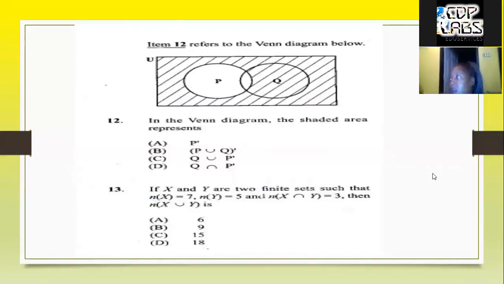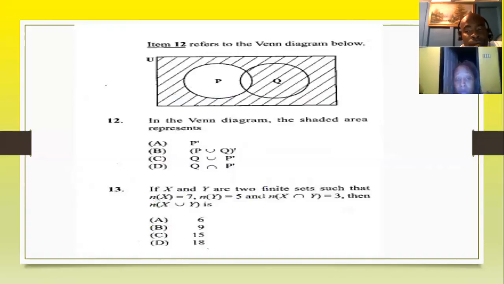Tell me what the diagram is saying to you. Tell me what you see. You don't have to think to see, you can use your eyes to see. Now tell me what you see.